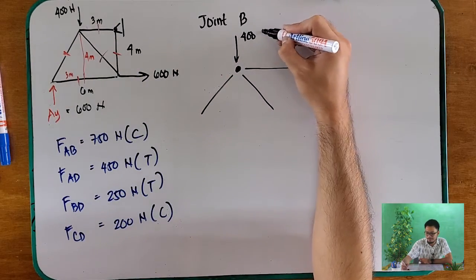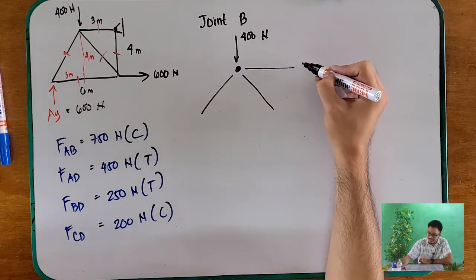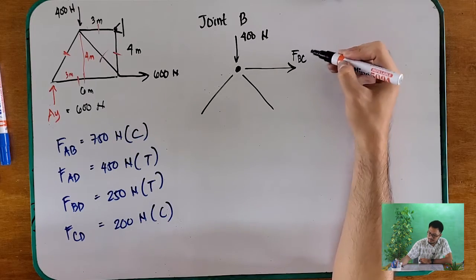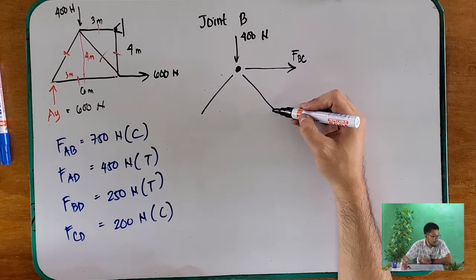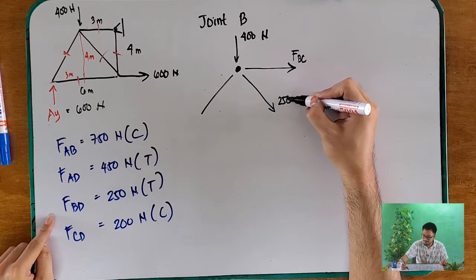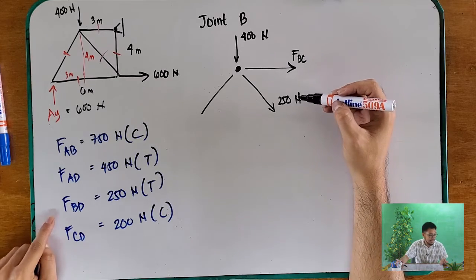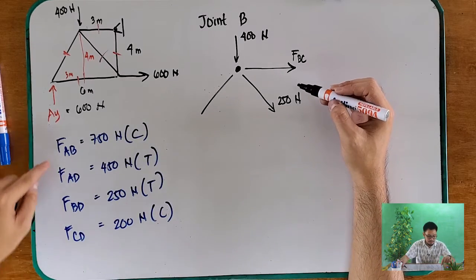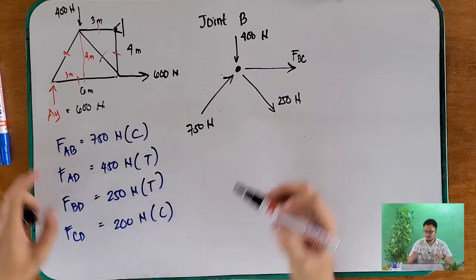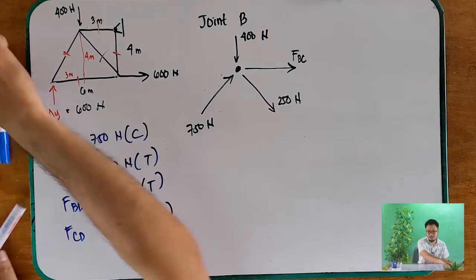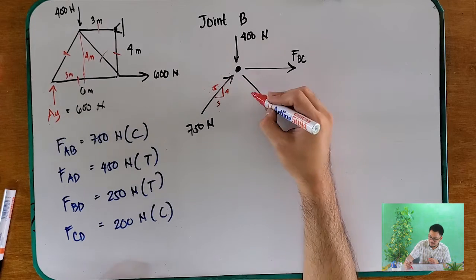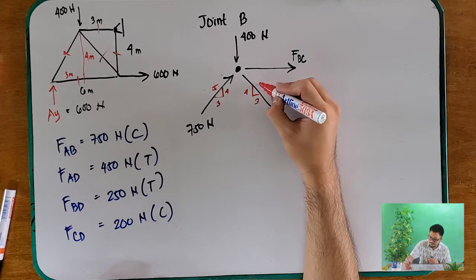Kay usahay baya, makalimtan na nato og butang. This one is unknown, so ato assume a tension, that is your FBC. And this one is your FBD, which is tension 250 newtons. This one is your FAB, which is compression, 750 newtons. And we knew that this one is 3, 4, 5, and the other one is 3, 4, 5.